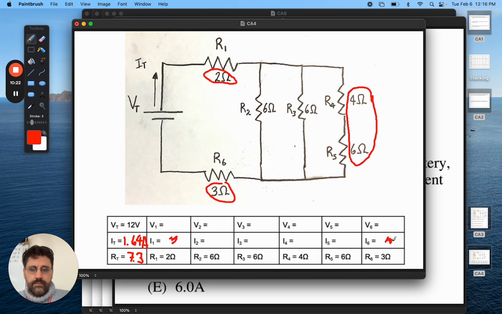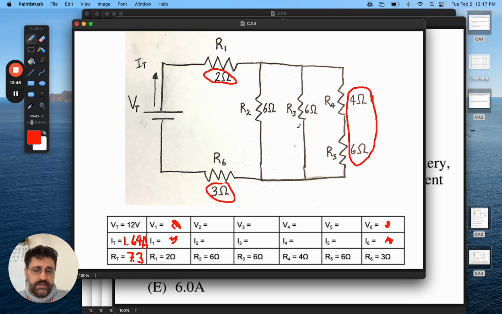I'm not going to do it right now because I hate trying to draw things with a mouse. Then, when you have those, you can do 2 times this value to get this value, and 3 times this value to get this value. So now you've got V1 and you've got V6. And you can subtract those from the total voltage to get the voltage across 2 and 3.